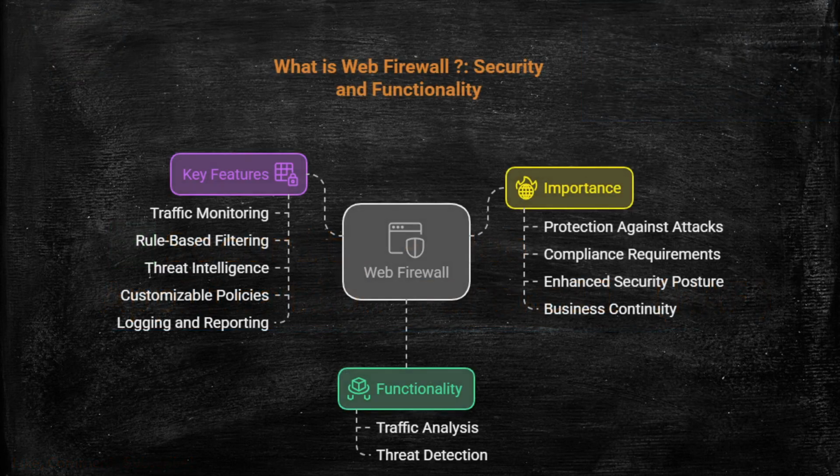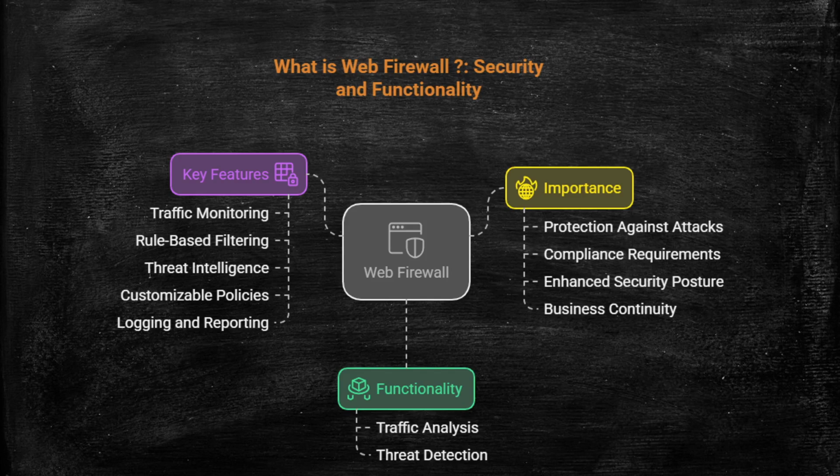So what is web firewall security and functionality? A web application firewall sits at the endpoint of your applications, which secures and monitors all your HTTP traffic from the web application. Unlike a traditional firewall that protects your network traffic, there are two sets of firewall, web firewall and network firewall.